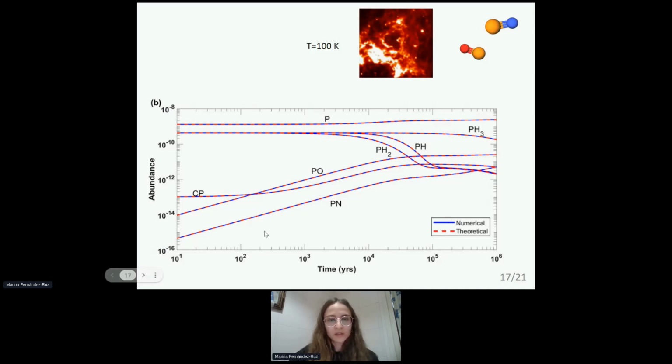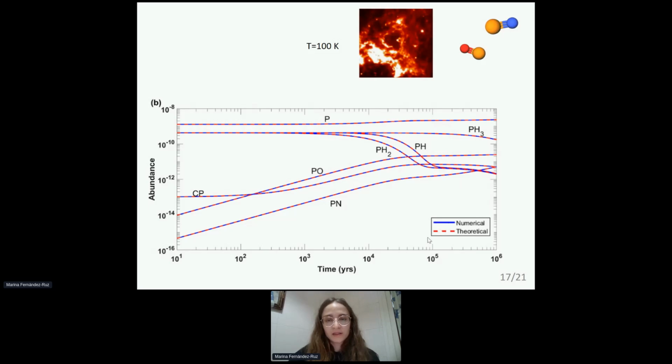In this plot, this is just an example for 100 Kelvin of the abundances along 1 million years, which is the age of the cloud. We can see how the abundances are changing. The blue line is the numerical result, an evolution calculated with a numerical solver under no assumptions, so just an exact solution.